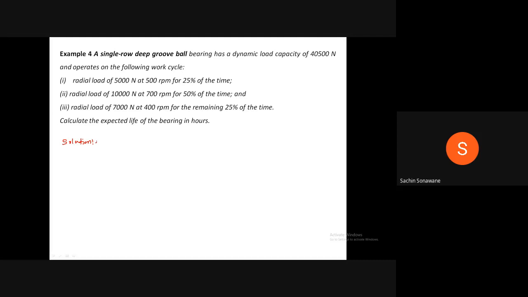Now, they have given time in terms of percentage: 25%, 50%, and remaining 25%. Therefore, what we'll do, consider the work cycle of 1 minute duration.